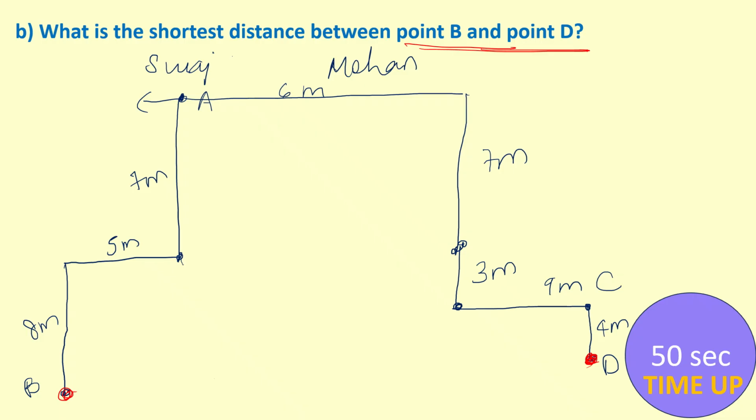I'll remove this. So here, it's like slanting is there. Wait a minute, okay? So slightly slanting you have to draw.